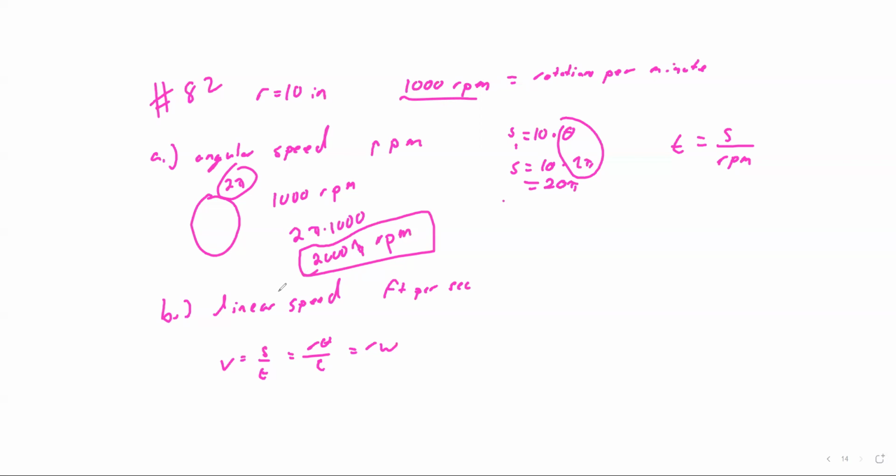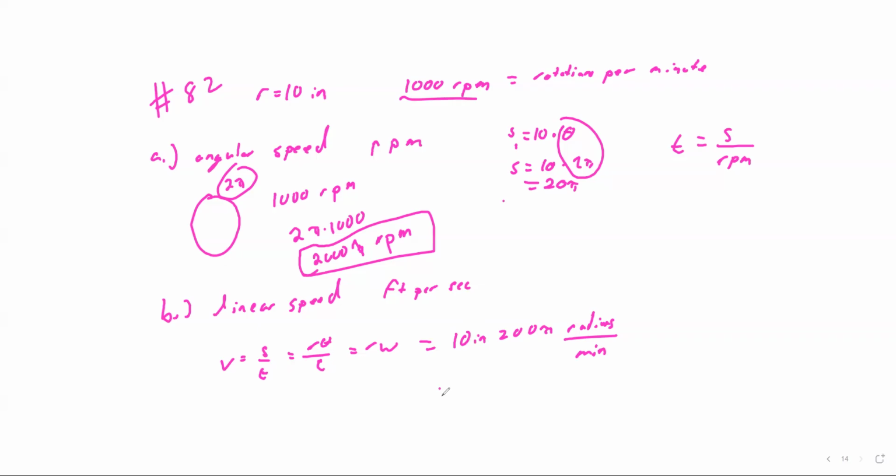So with linear speed, we're given R times W. So this is now just going to be 10 times 2,000 pi. But again, this was radians per minute, and the radius was in inches, and we want feet per second.